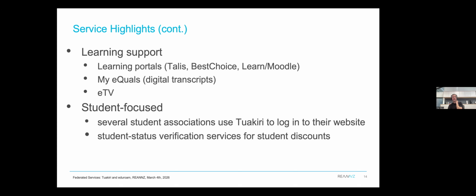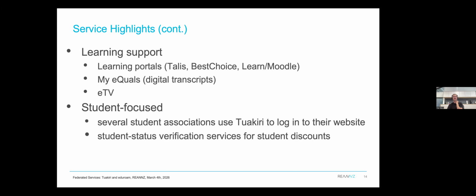And last but not least, learning support. So various learning portals, either operated locally by an institution but shared by the federation because of collaborative courses, or learning platforms that are the best choice where institutions send their students for subscribed course content.